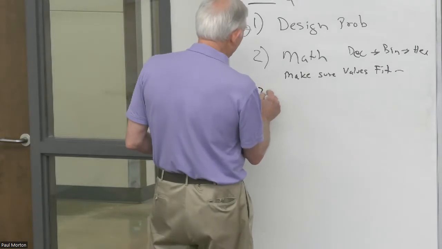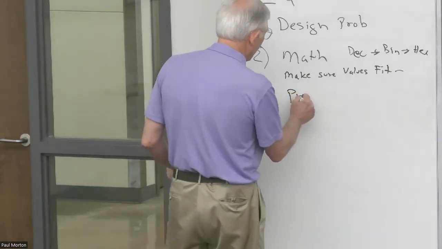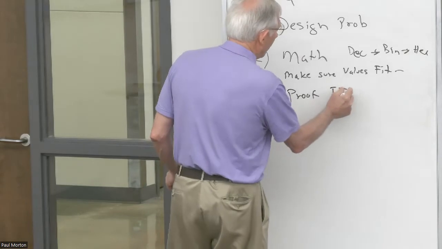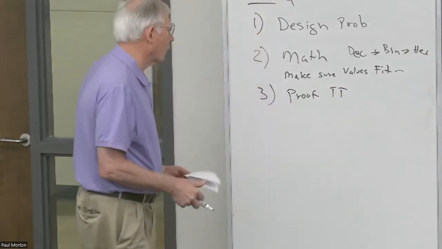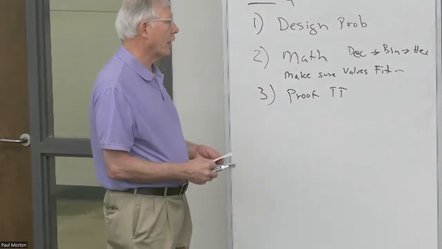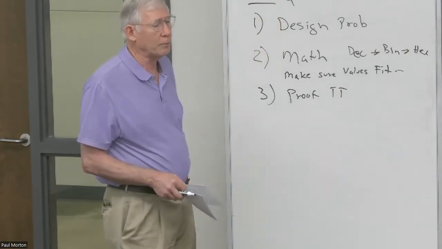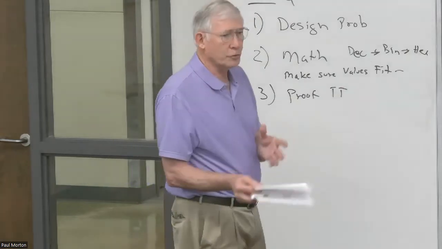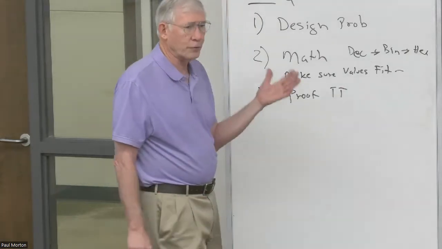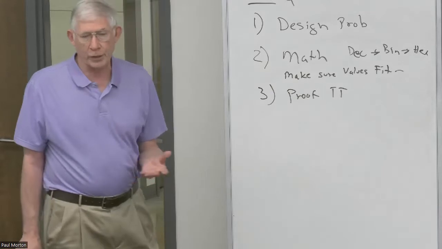And then there'll be a proof with a truth table. Remember, all you have to show in the truth table, and you should usually build it up column by column, is that the left-hand side equals the right-hand side for every possible value of the variables, but the variables can only take on 0 or 1.